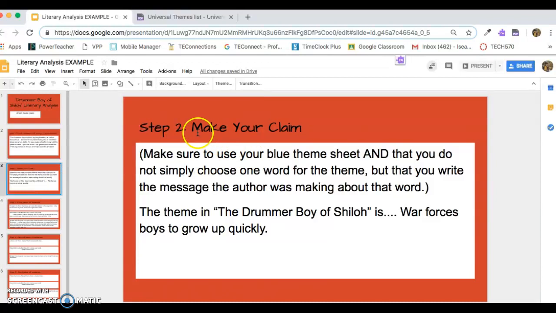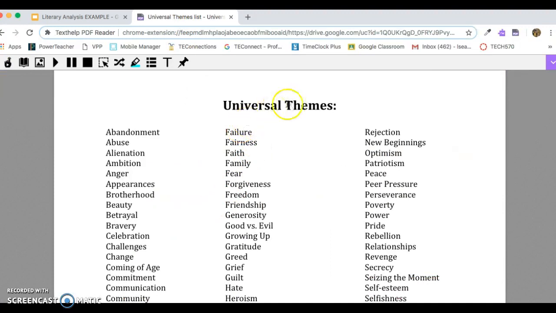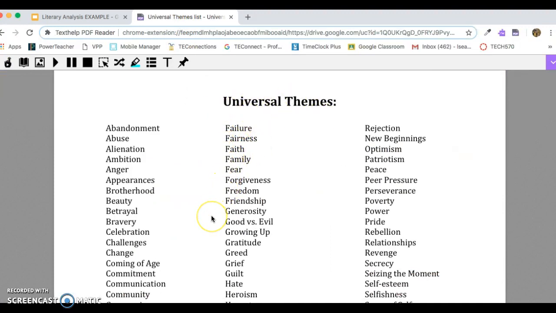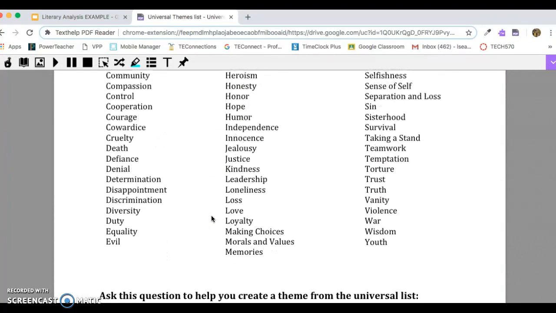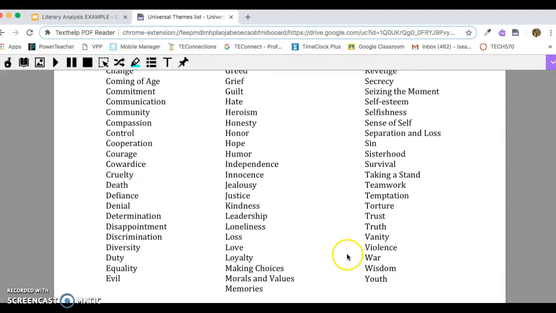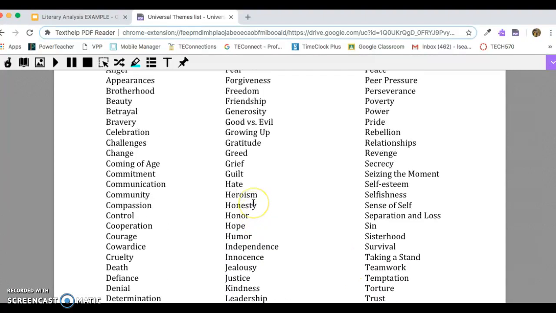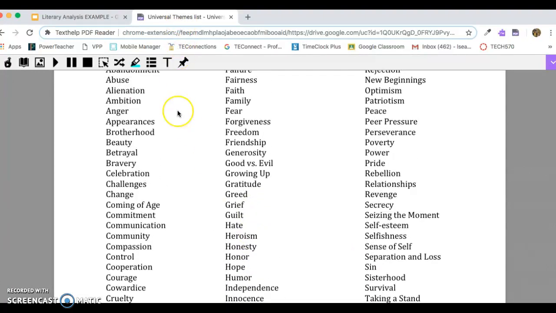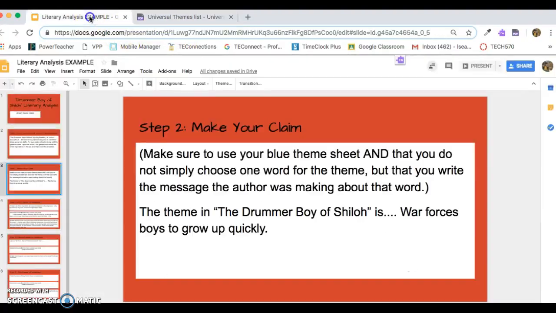Okay, the next step is to make your claim. And this says make sure to use the blue theme sheet which I gave you in your narrative unit. It looks like this. It says universal themes, except it's blue, and it gives you a big list of different themes to choose from. All right, so for Drummer Boy of Shiloh, I kind of gravitated towards war as being a strong theme in the story, but you can't just write one word for the theme.